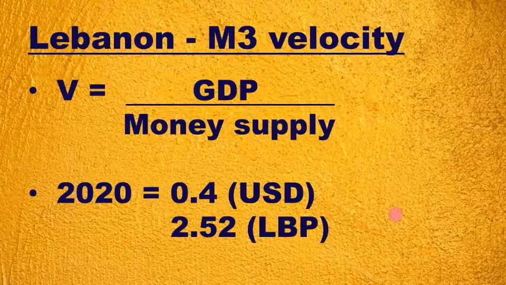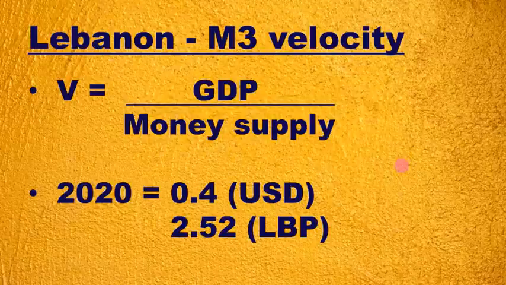What about the velocity? Well, again, with this one, the velocity depended on what currency you're using. So in US dollars, I made it 0.4, whereas in Lebanese pounds, it was 2.52. But still, these aren't hugely high values. Not something you'd expect with an inflation rate of 150%. It's all very bizarre.